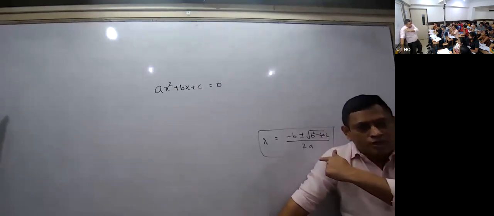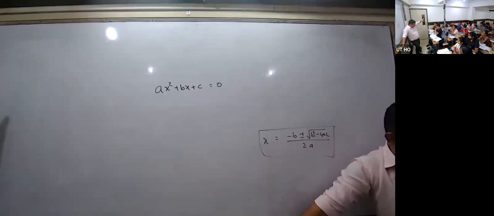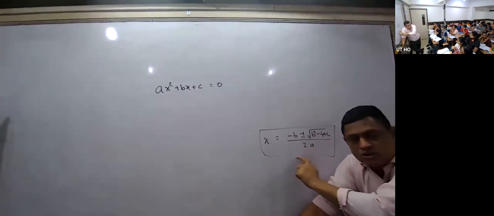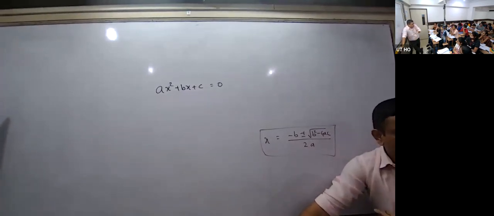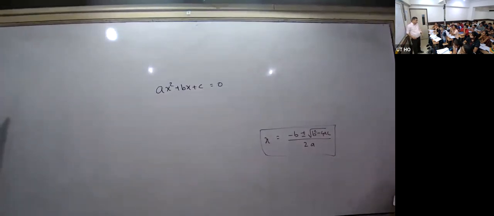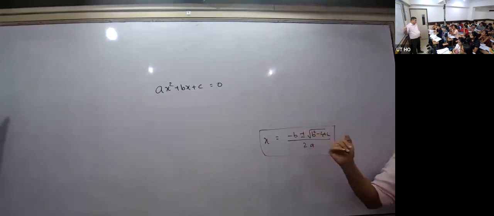This is the second way to do it. There is a third way called completing the square. What is this formula called? The quadratic formula. It is used to find the solution of the quadratic equation. How many solutions will you get? Two solutions. One is plus and one is minus.